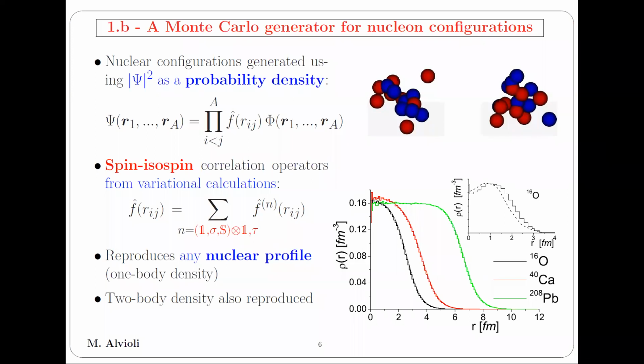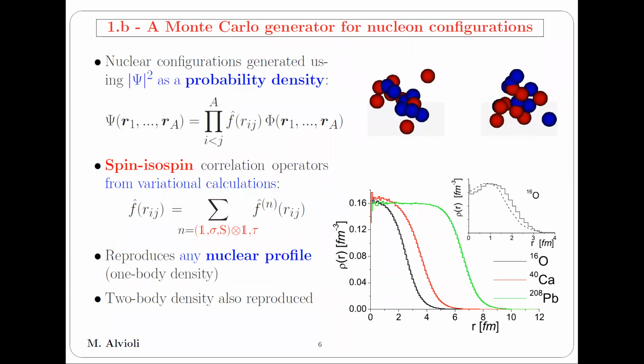Exactly, yes. They multiply the mean field solution. And these functions depend, as you see from the second formula, on the distance between each pair of nucleons and their spin and isospin, and there is also a so-called tensor operator in this set of correlation functions.